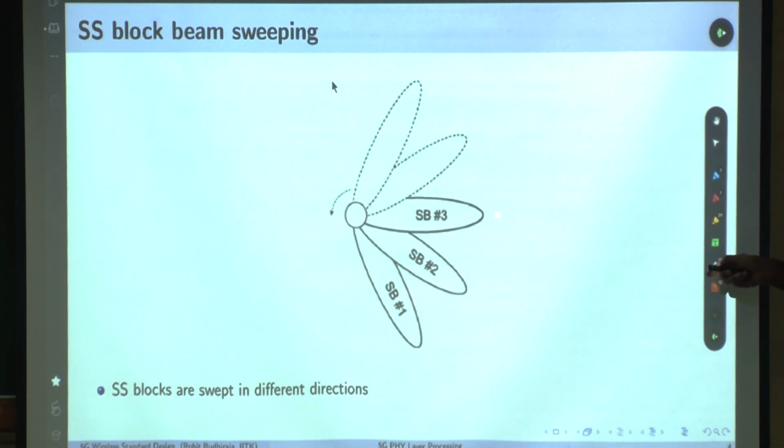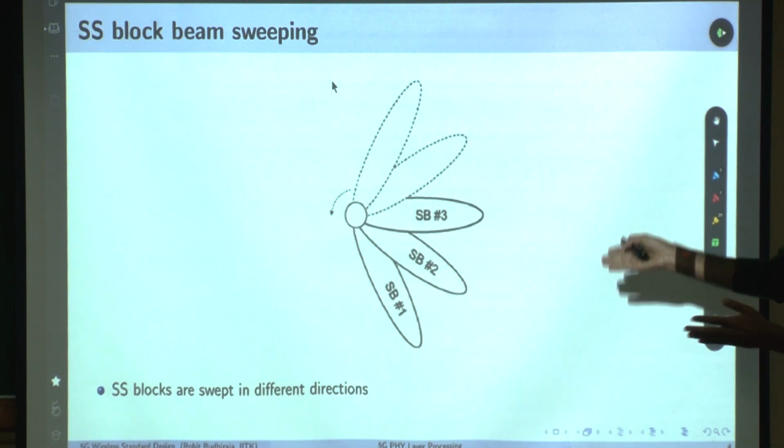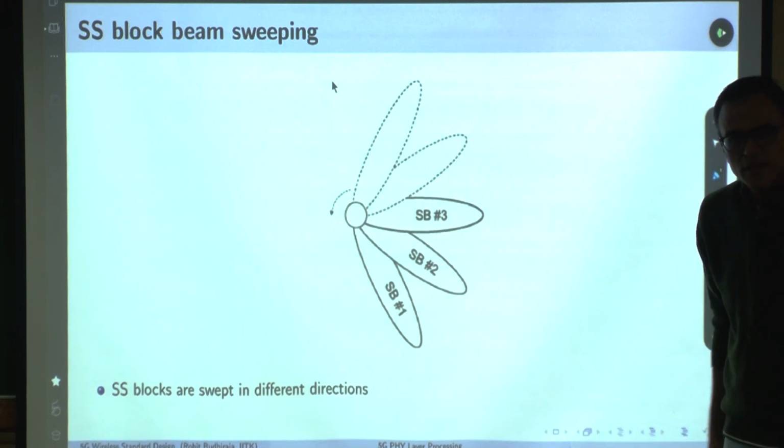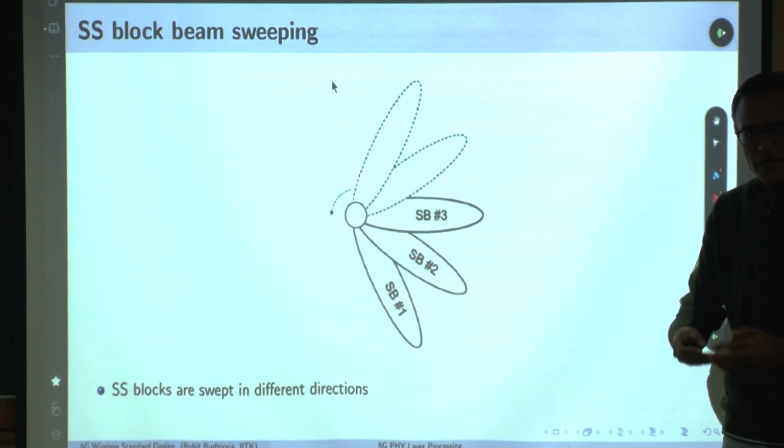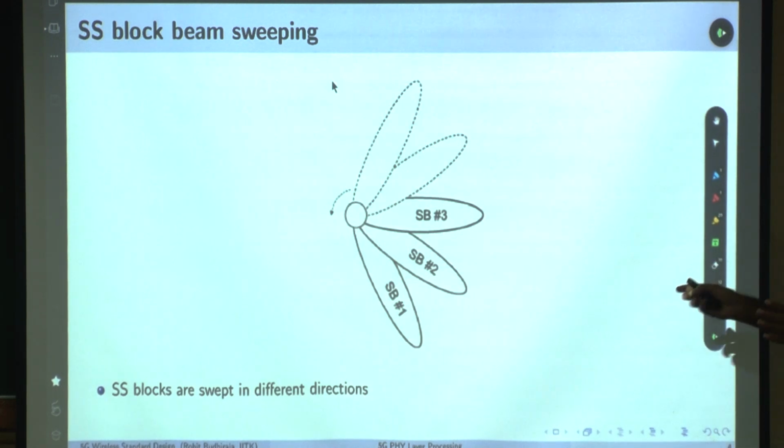Once the user sees that it has to get connected to this beam, after that the process is the same between FR1 and FR2. I'm talking about the synchronization process, which will be the same. At this stage they are different, and the difference is because FR2 has a hostile channel and we need to form these sharp beams. Is this idea clear?